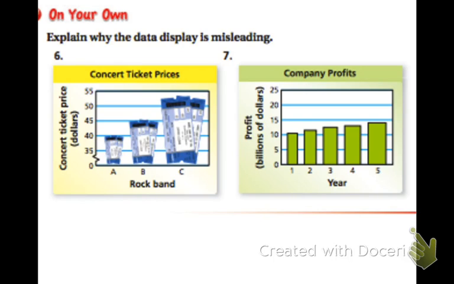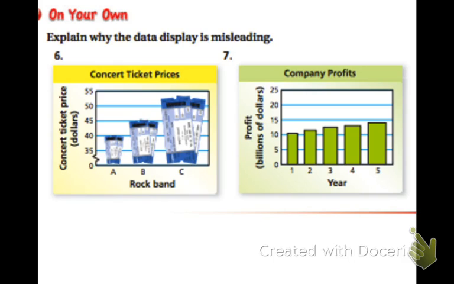So it looks like C is, wow, a ticket price so much greater than A, but look at the difference in the numbers. It's maybe even $13 at most, and that's not that great of a difference because it goes from 0 to 35 and then counts by fives. So that would be why, and the ticket width is also different. Looking at number 7, the bars become wider as the years progress, making the increase in profit appear larger.